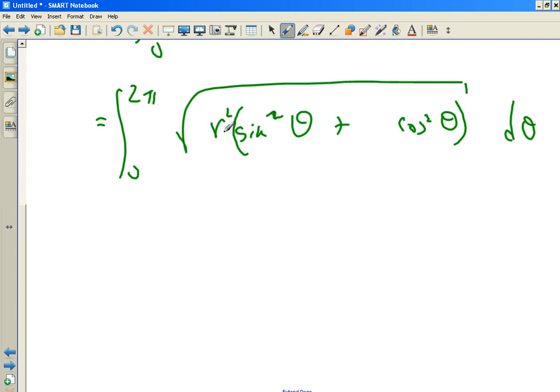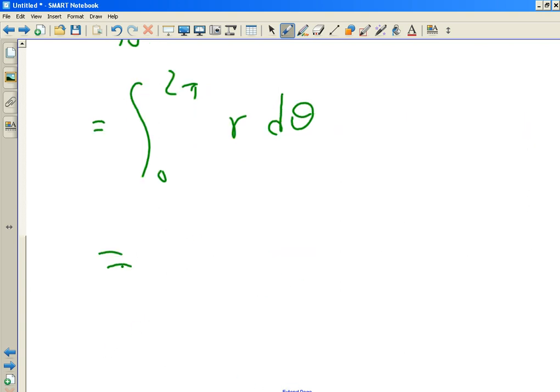That's all that's left. 1 times r squared, right? Well, technically the absolute value of r, but r is the radius, so it's not going to be negative. So it's the integral from 0 to 2 pi of r d theta. Now remember, r is just a constant, some number. So forget it for a minute. How do you integrate d theta? That's all you're integrating. Theta. So you get r times theta from 0 to 2 pi.